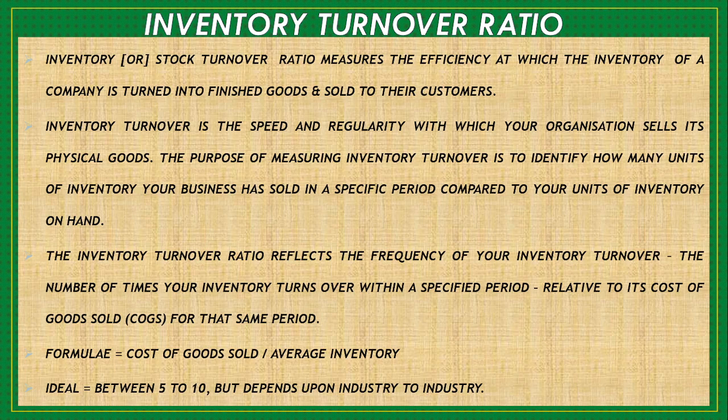The inventory turnover ratio reflects the number of times your inventory turns over within a specified period, relative to its cost of goods sold, that is COGS, for that same period. Formula: cost of goods sold divided by average inventory. Ideal: between 5 to 10, but depends on the industry.